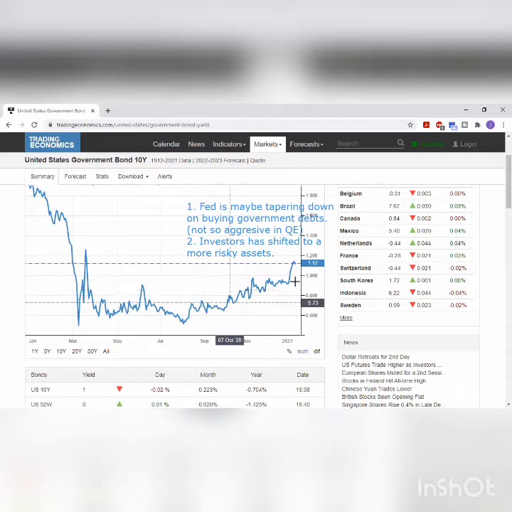As a result, nagkaroon ng spike. And baka naman pwede ring assumption dyan is investors have shifted to a more risky asset. So sa madaling sabi, risk on.